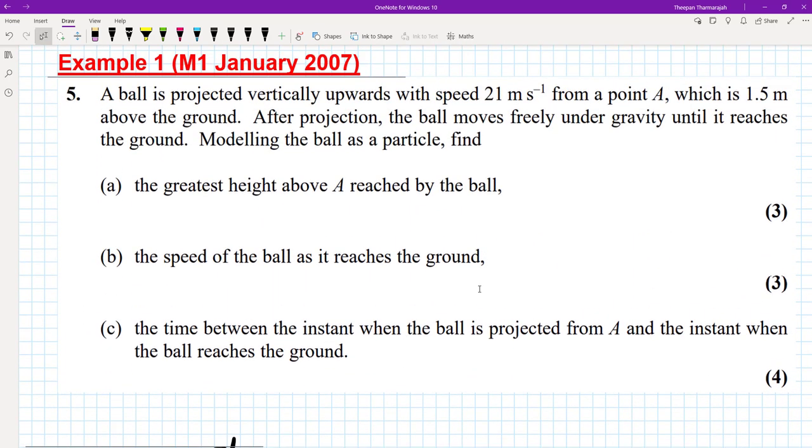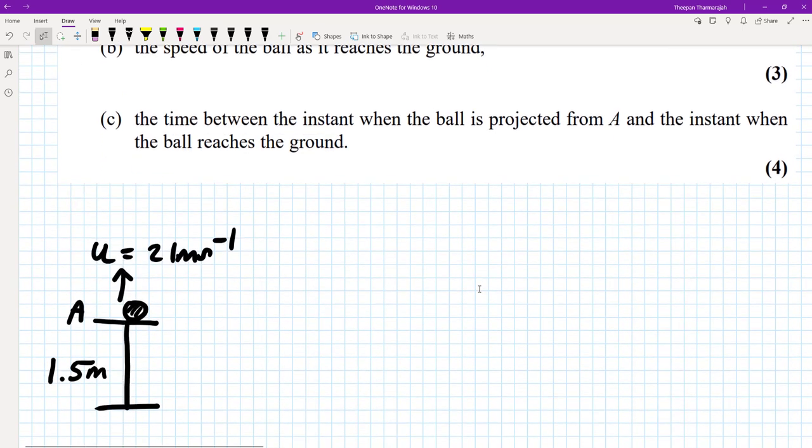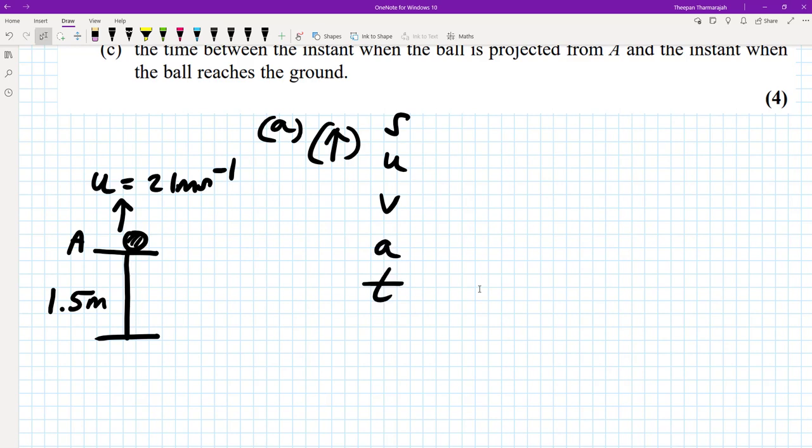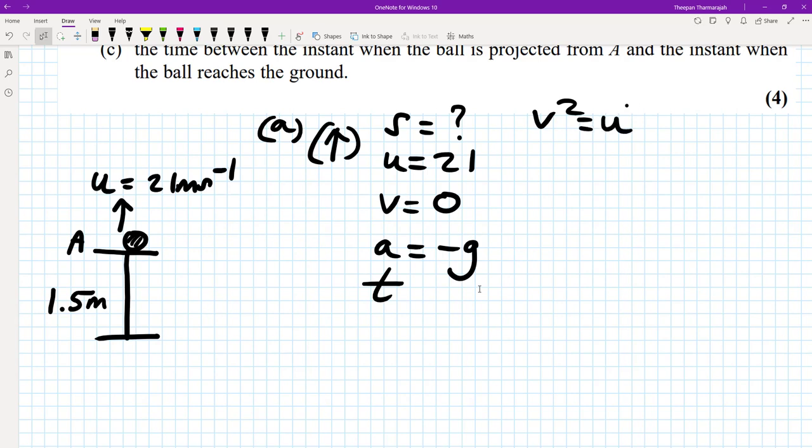So for part A, to work out the greatest height, we're going to do SUVAT. Taking upwards as positive, that means A will be minus G, U is 21, it goes to maximum height, so V is 0, and we want to find S. So we're going to use V squared is U squared plus 2AS.